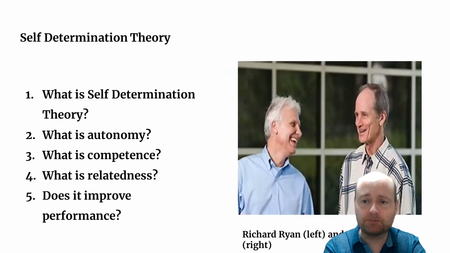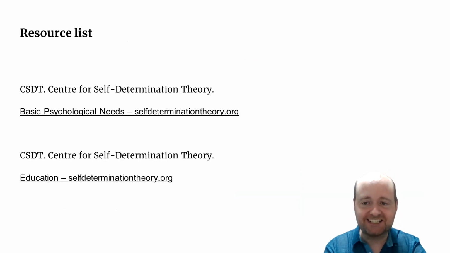So let's wrap it all up by reviewing what we talked about today. We looked first at what self-determination theory was, then we looked at what autonomy was, then we looked at competence and relatedness, and finally we looked at some of the scientific claims of self-determination theory and whether and how it improves our performance.